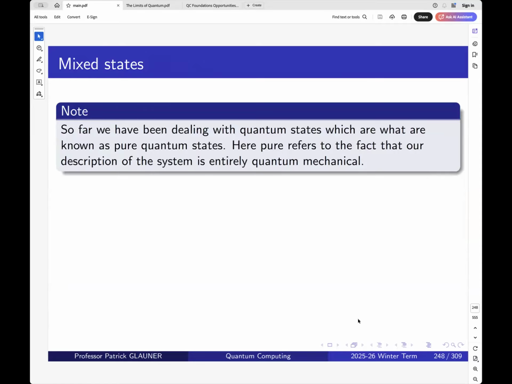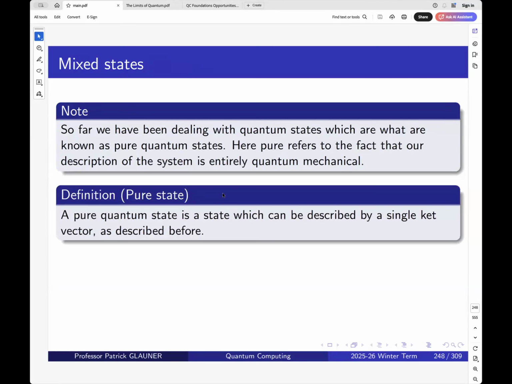Now, we will finish this chapter by looking at something that we call mixed states. So far, all the quantum states we have looked at were known as pure quantum states. We will now look at mixed states, which are not pure, and we will see why they are important to quantum computing. All our pure states that we saw so far can be described by a single ket.